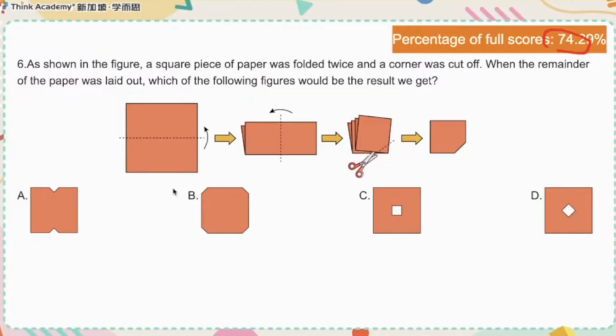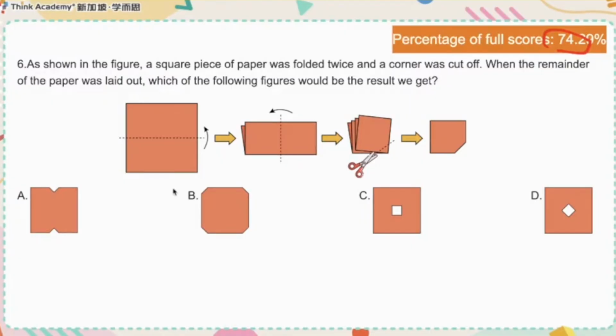Okay, so someone may say, oh, Teacher Jane, it's a little bit confusing. If you are at home, you can just find a paper and let's fold it together. I don't have blank paper, so I have to fold my paper, okay? Ignore this. Okay, so we can see this is a paper. And then I fold it like this. And then I fold it again.